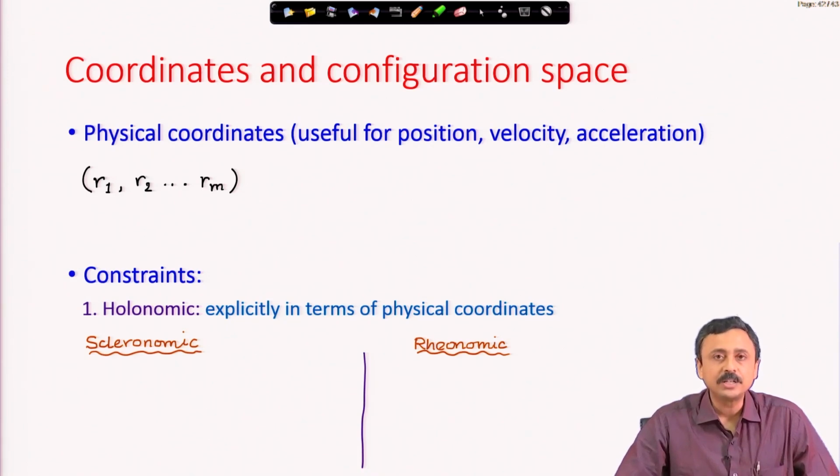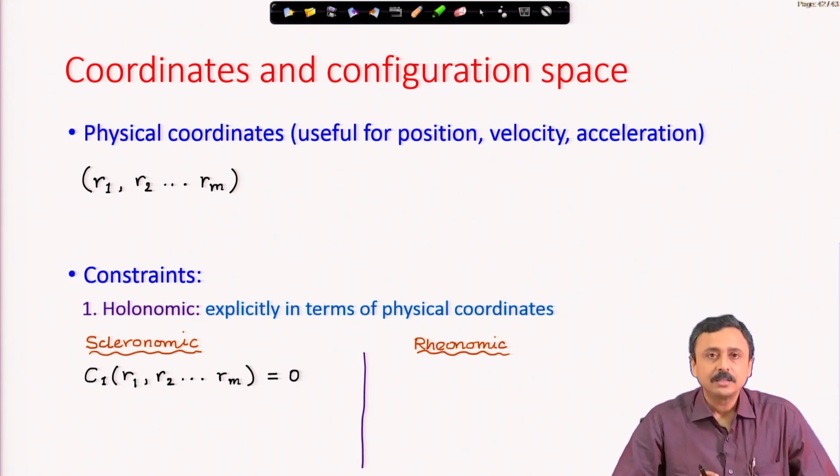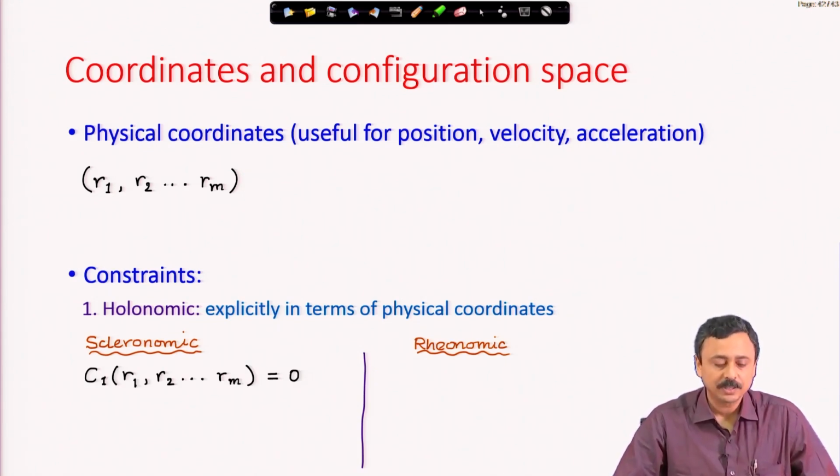Now, holonomic constraints are further subdivided as scleronomic and rheonomic. If a holonomic constraint is scleronomic, it means the constraints do not involve time. That means it is only in terms of the physical coordinates R1 to Rm.